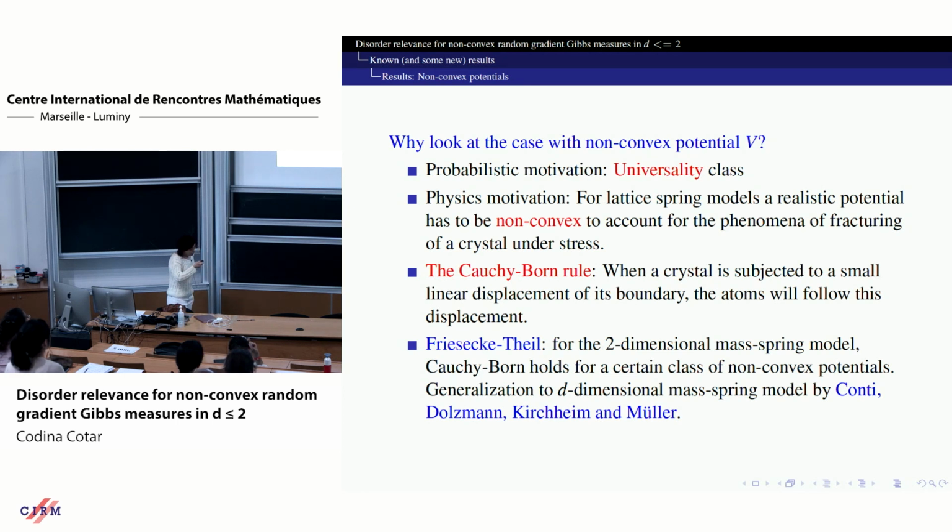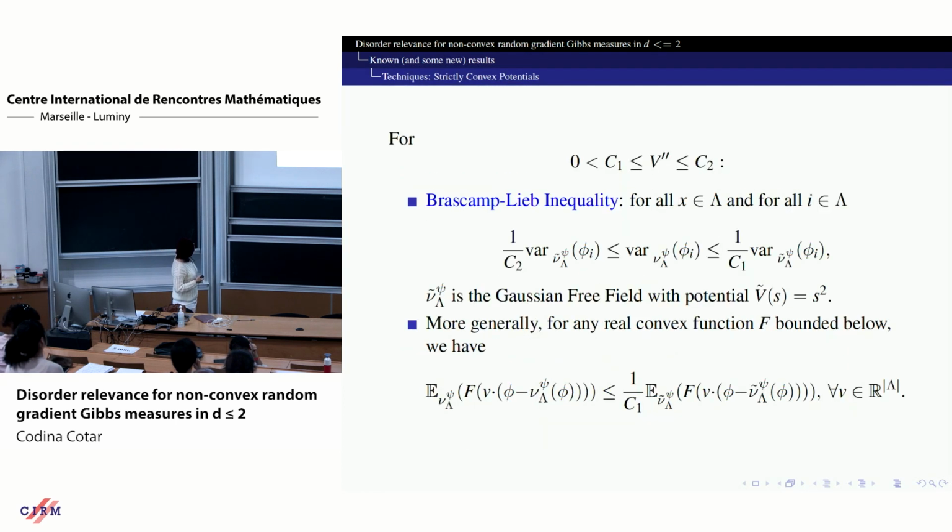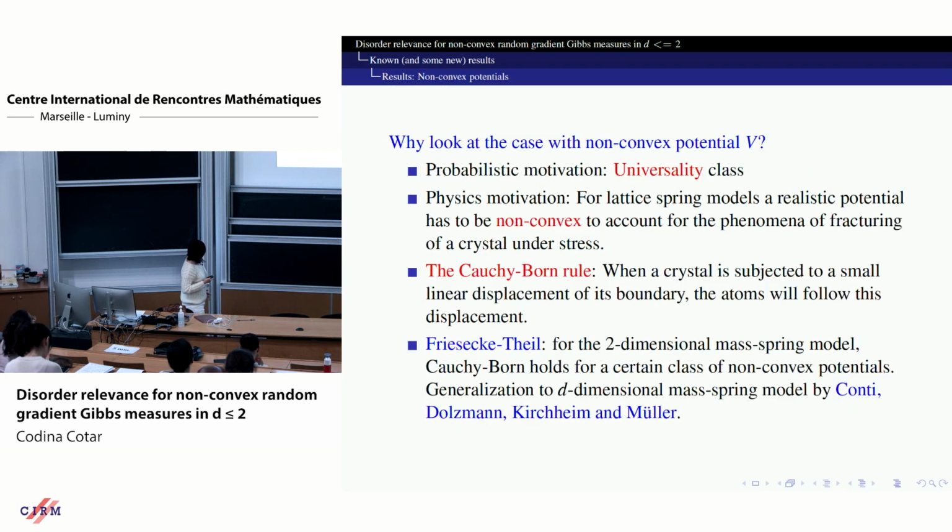Okay, so realizing now that it is a good idea to look at non-convex potentials, let's see what we can do here. The problem for non-convex potentials is that a lot of the tools that we have for uniformly convex potentials, or for convex potentials in general, break down, or they haven't been proved so far.